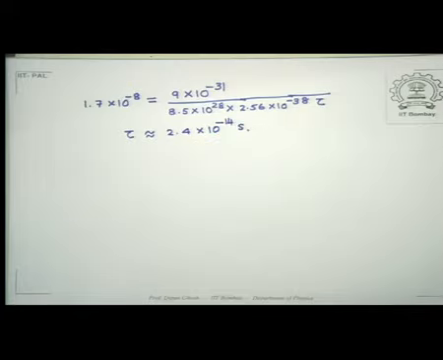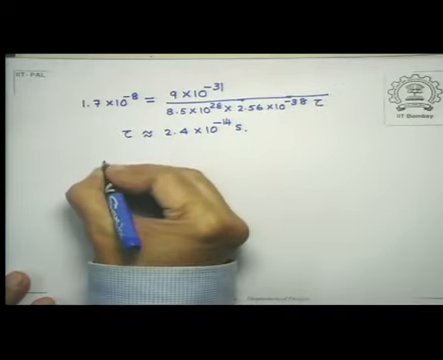So, this is a fairly small time during which the electron remains free, and that is the typical relaxation time between two collisions. One occasionally defines a new quantity known as mean free path.